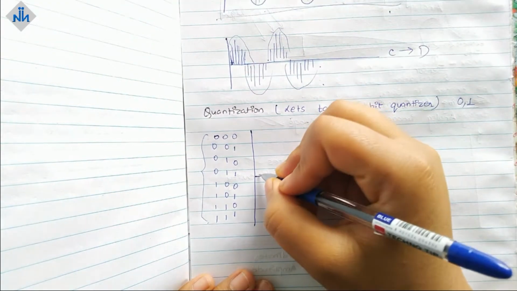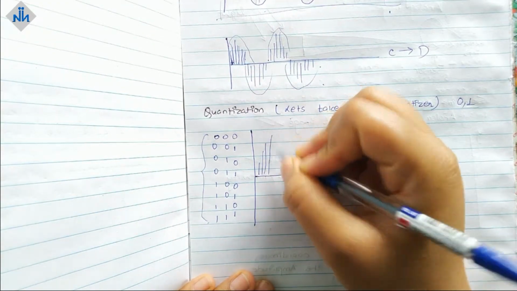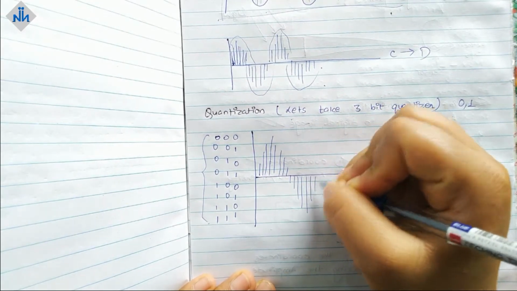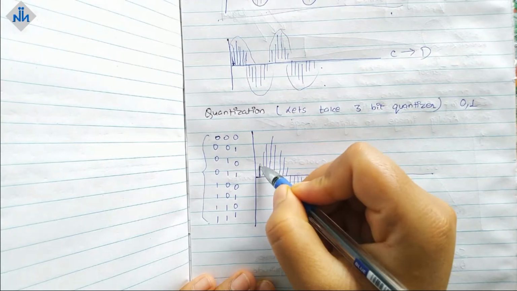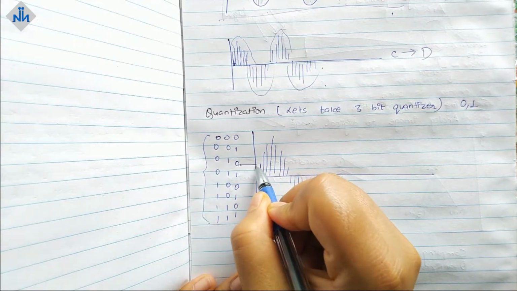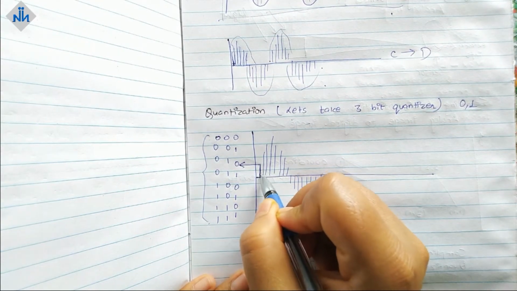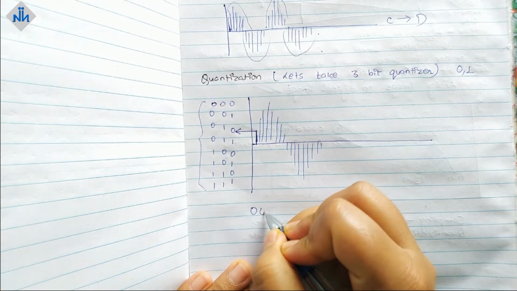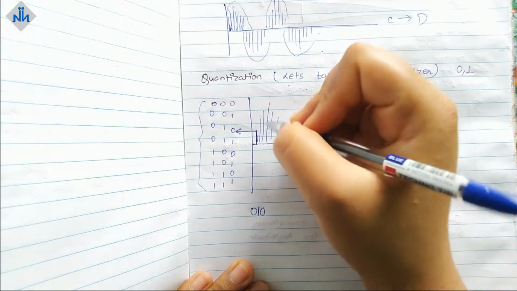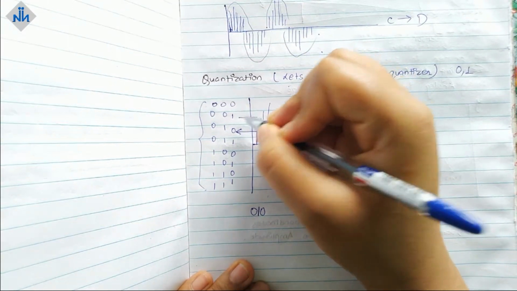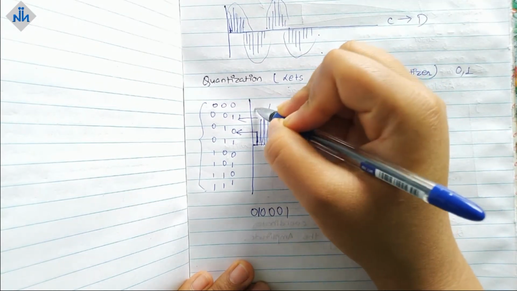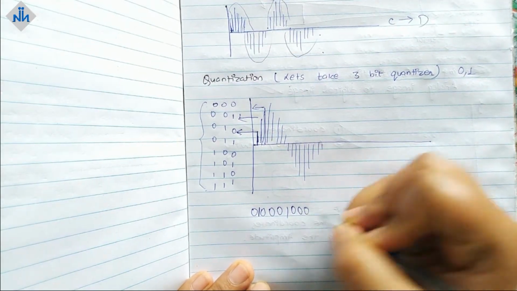We have our sample data like this, and for every one of these samples we find the value corresponding to it. So this one corresponds to 010, and then this one will have 001, and then this one will have 000 or something like this.